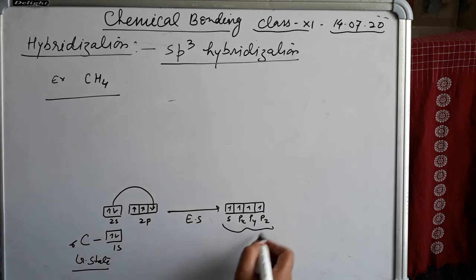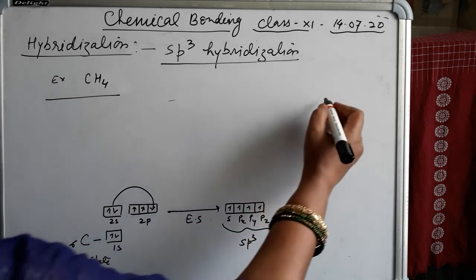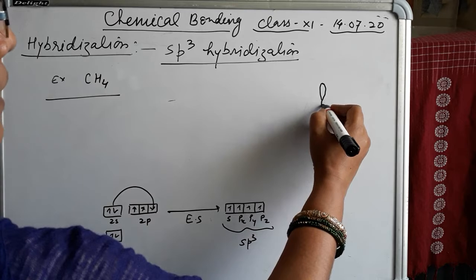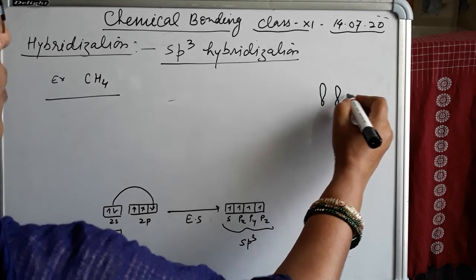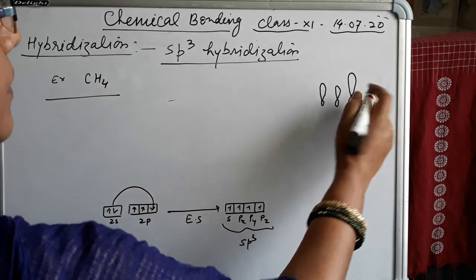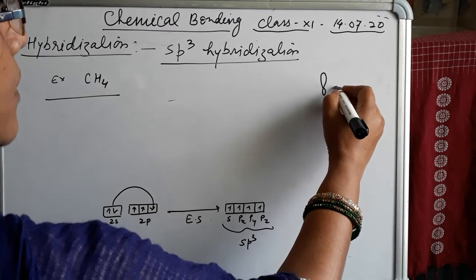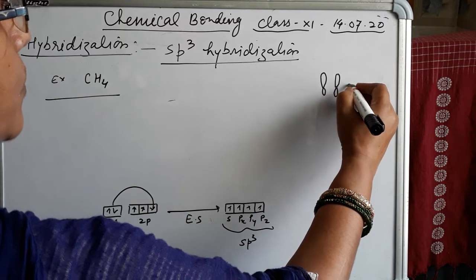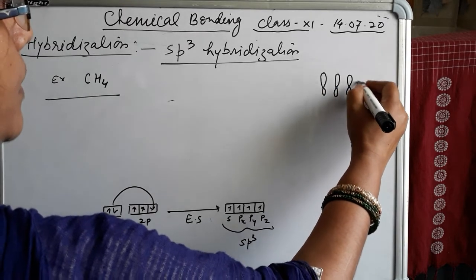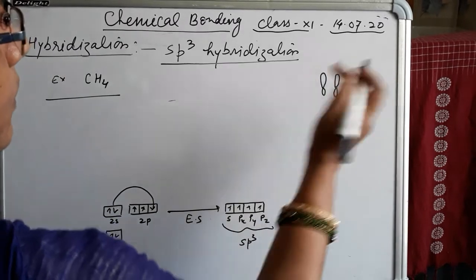So we have sp3 hybrid orbitals, that is, a total of 4 hybrid orbitals. 1, 2, 3 and 4, all the same size.